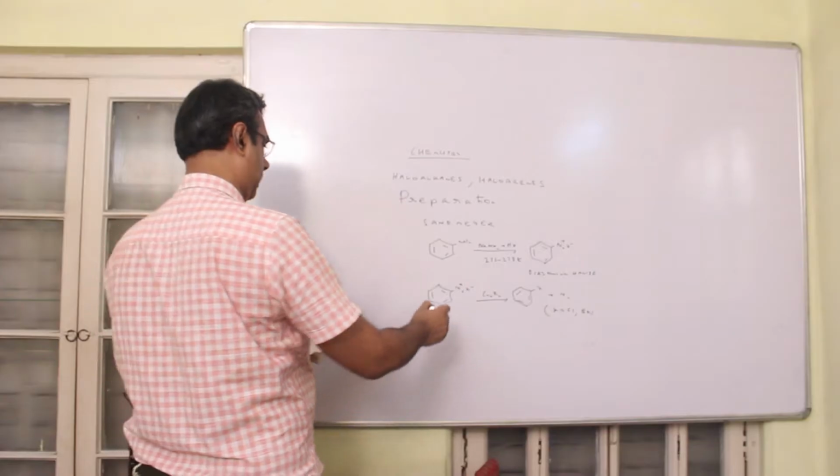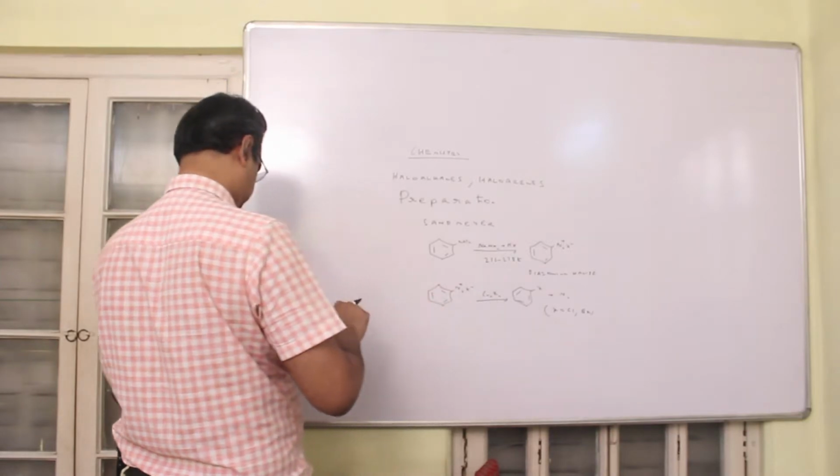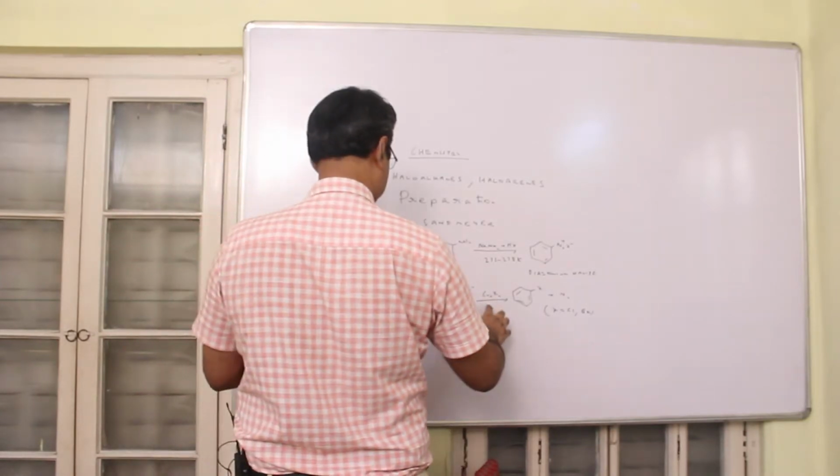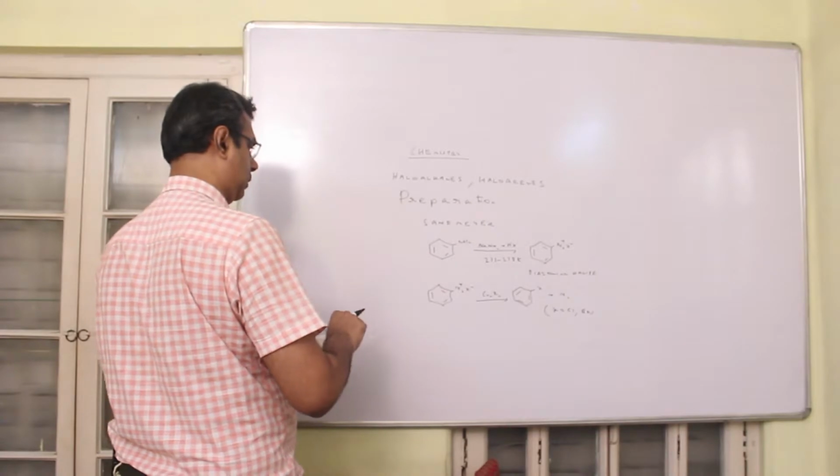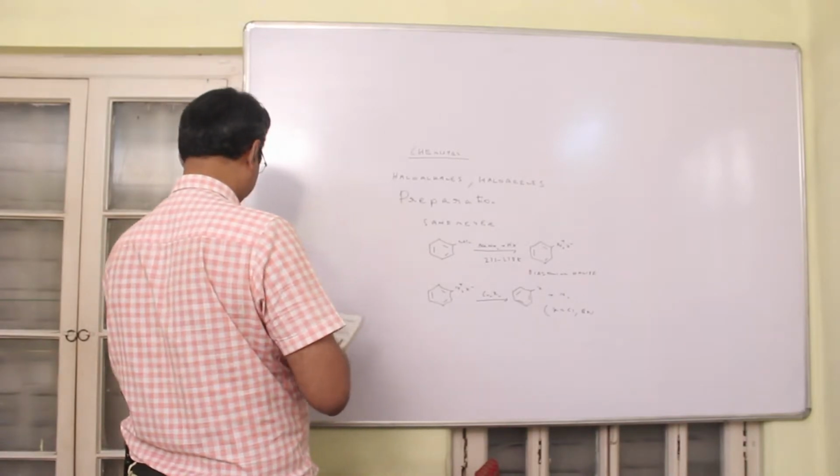Now diazonium halide reacts with either Cu2Cl2 or Cu2Br2 to give the haloarene.